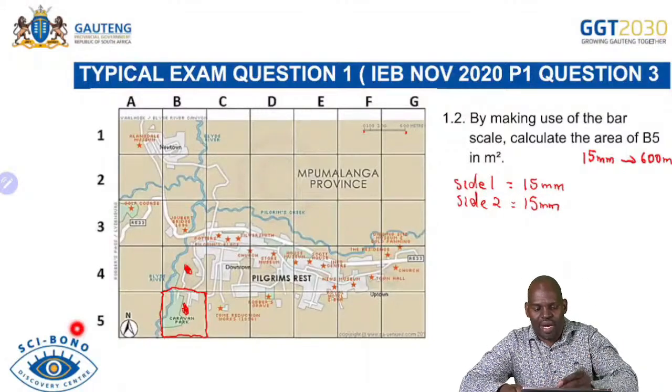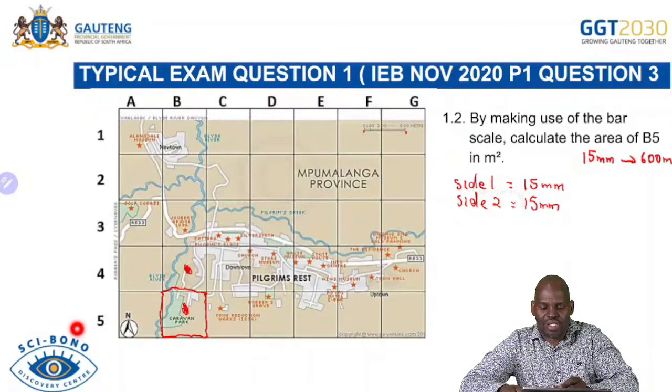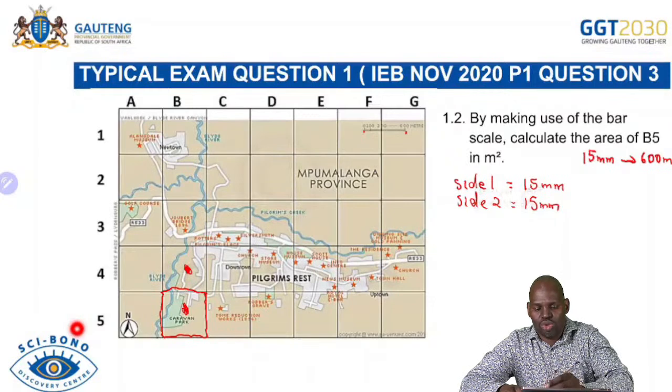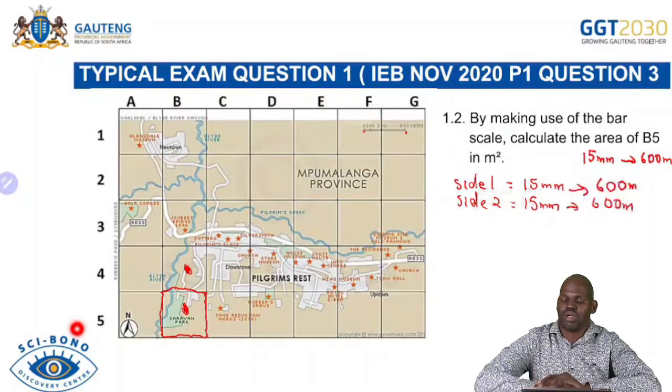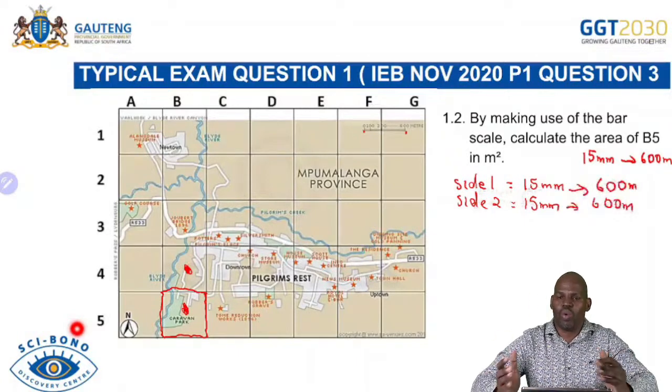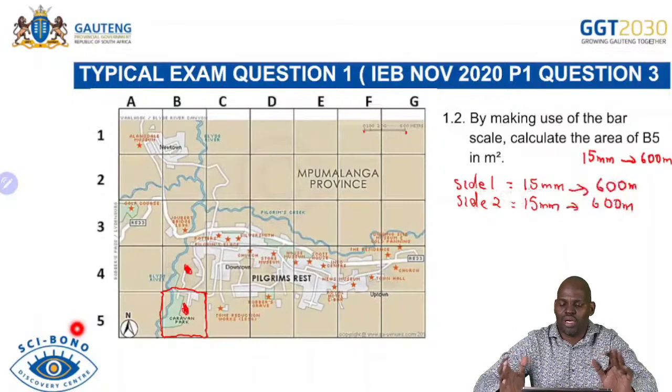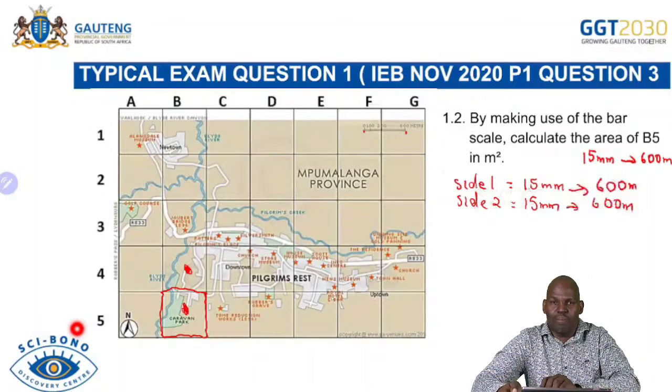Okay. Then it means in reality, side 1 is 15 millimeters and side 2 is 15 millimeters. So in this case, I can just immediately say this is also 600 meters and this one is also 600 meters. I know that we are supposed to do the cross multiplication and so on, but from the measurement, we can clearly tell that according to the bar scale, the length of the bar scale is 15 millimeters, which is 600.